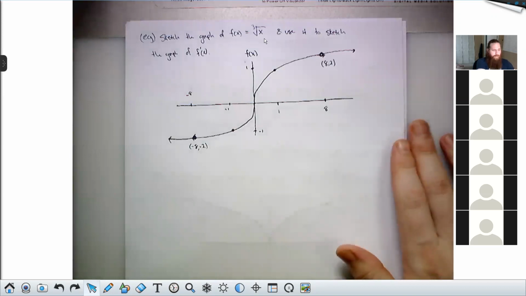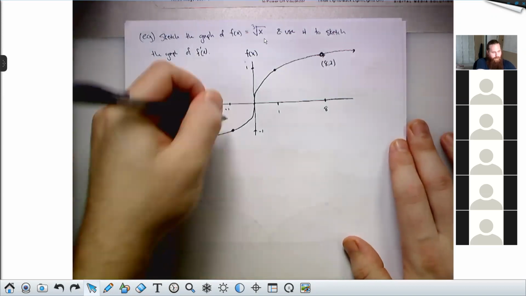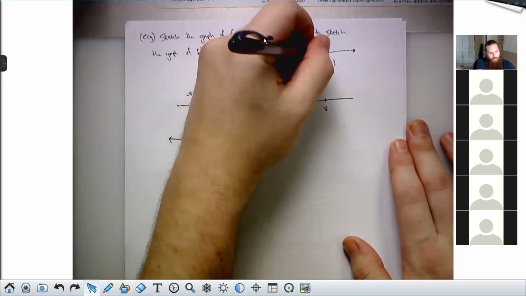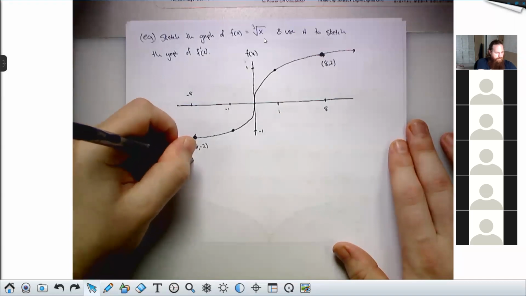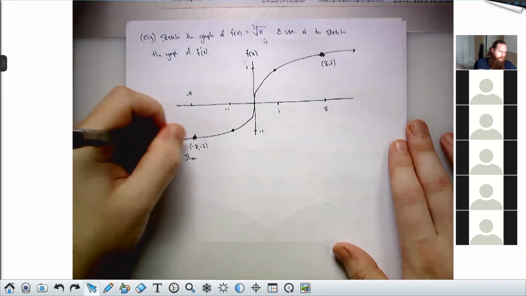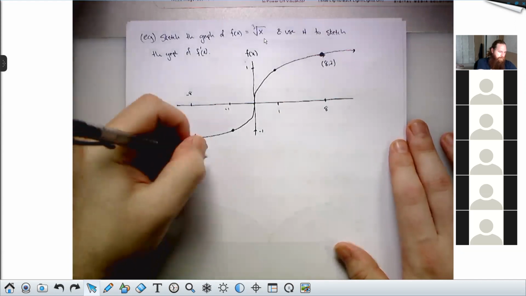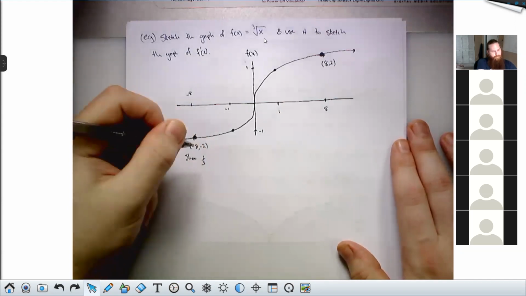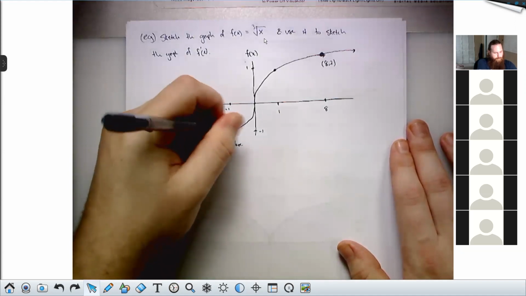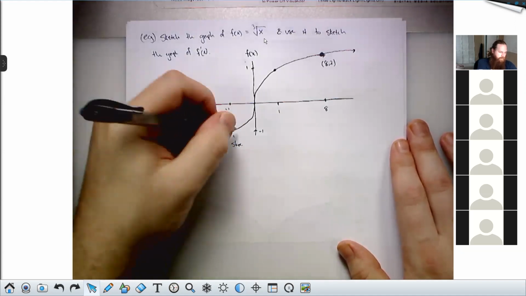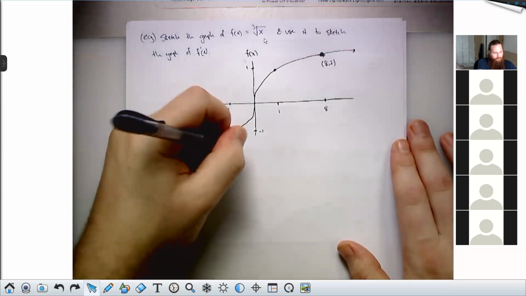Now we want to estimate the slopes at a few of these points so that we can try to draw the graph of f prime. Here, the slope is small and positive, maybe 1/3. Here, the slope is a little bit bigger and positive. I'll say that's like slope 1.